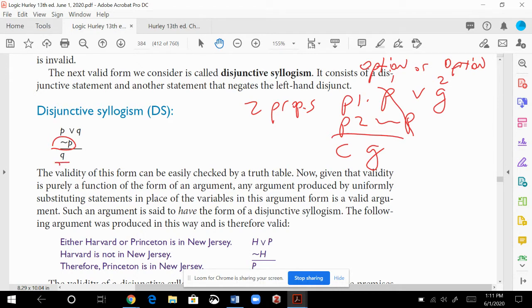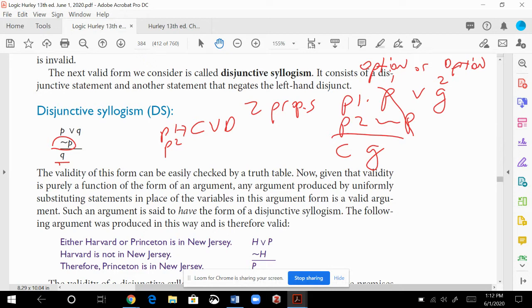So if you see two options, but it's not denying one of them in the second premise, it's not a disjunctive syllogism. In order for it to work, again, I'll give you another example. You have to have two choices, C or D. Premise two has to do what to one of them?